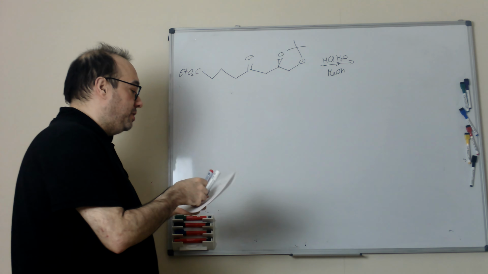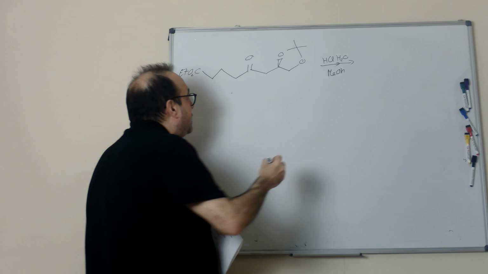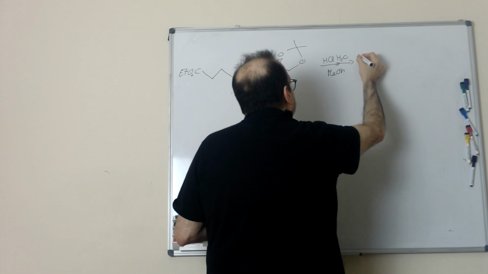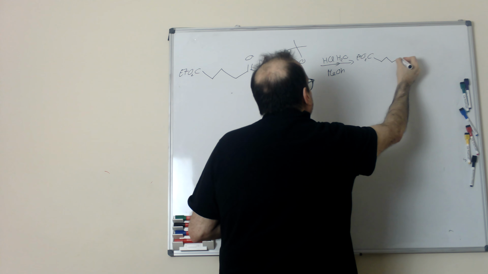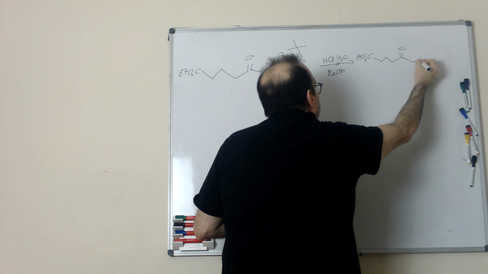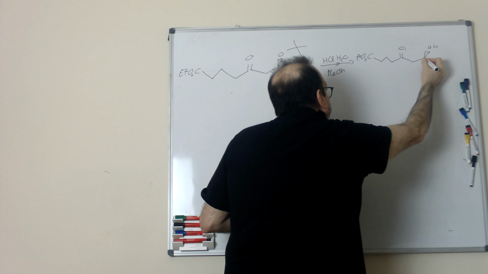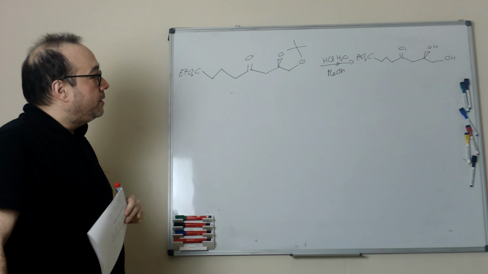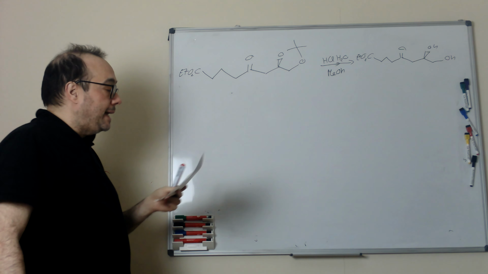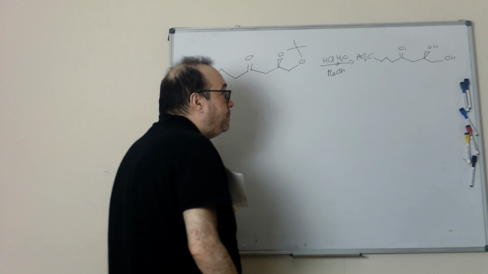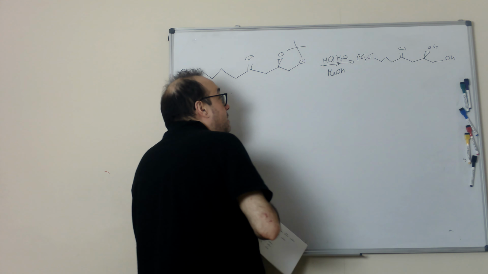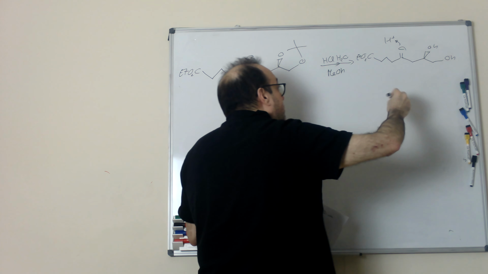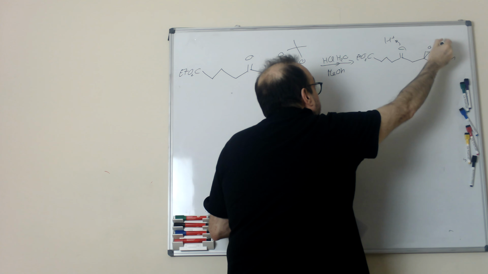We can do a hydrolysis of the acetal, and what we will get is this diol. Then we can protonate this ketone and this alcohol intramolecularly.